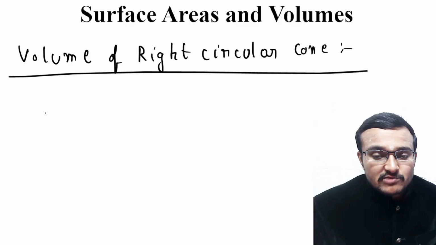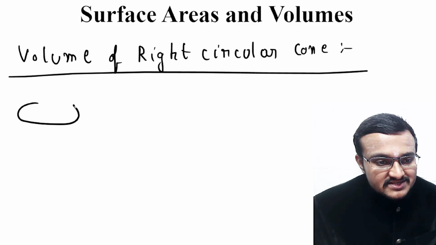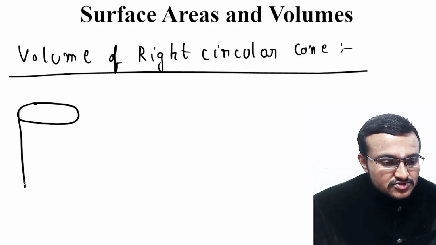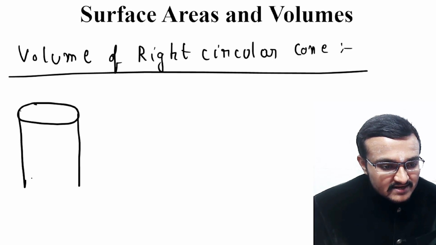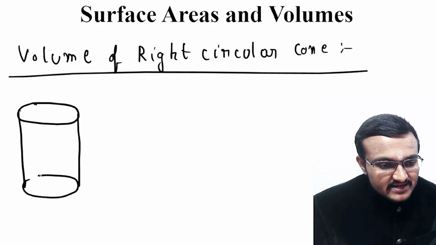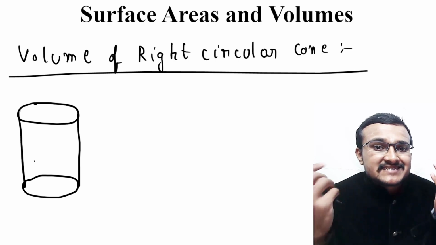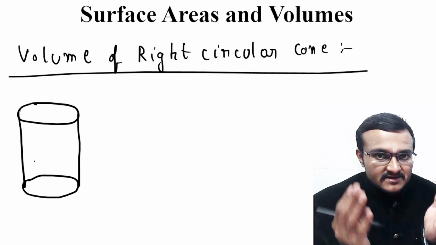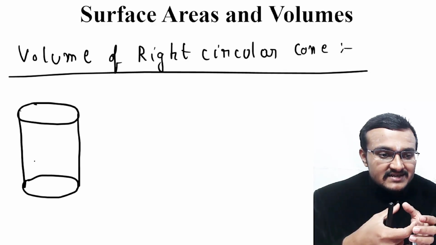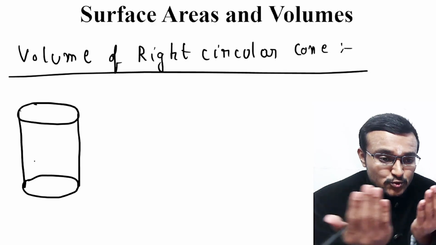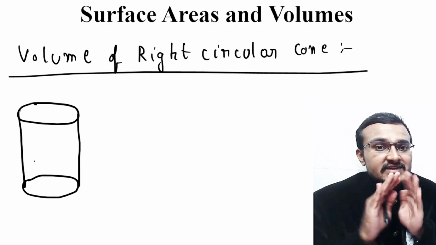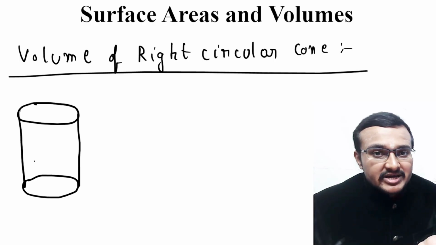In order to find out volume of right circular cone, we have to consider a cylinder. So now I'll take one cylinder like this. In a cylinder, you can see the base and top of the cylinder have the same radius circle. So throughout the cylinder, the two-dimensional area of that circle will be equal to pi r square.